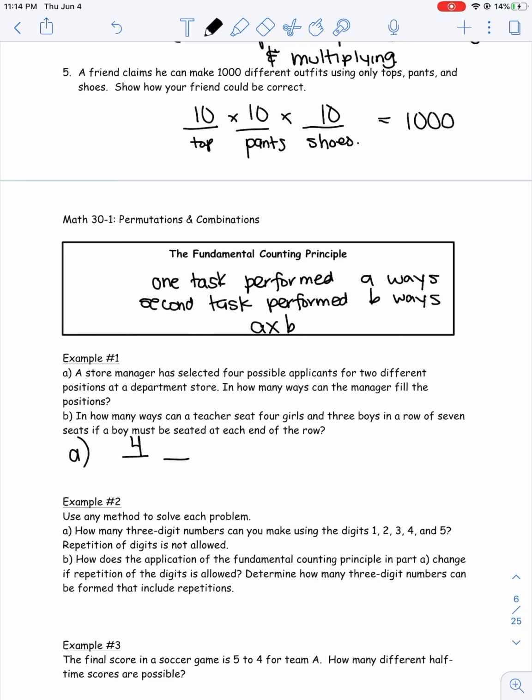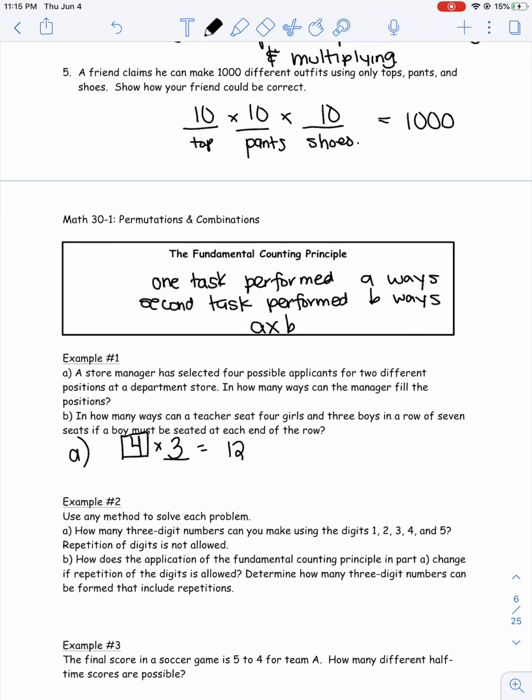Now, once we place a number there, we have used one of these people. So now for the second position, we now only have 3 applicants left since we have placed someone in the first spot. So when we multiply, there are 12 possible ways that we can fill this position.